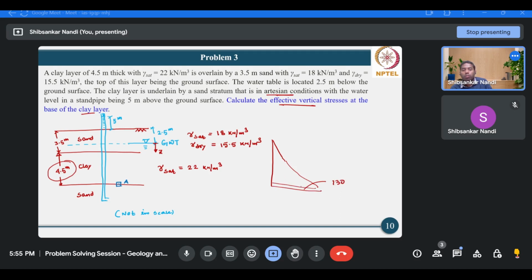So this was 55 if there is no artesian condition, but due to the artesian condition, this value would become 130.